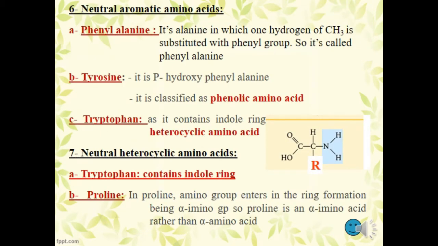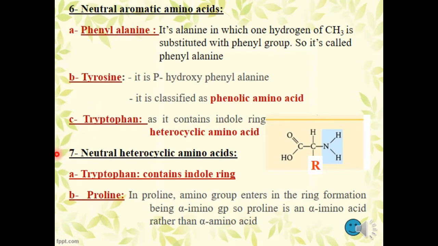The next neutral amino acid, which is aromatic, is phenylalanine. Second one is tyrosine. The third one is tryptophan.